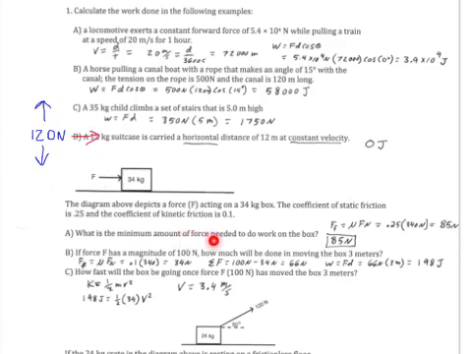If I want to find the minimum amount of force needed to do work on the box, I've got 340 newtons of weight, which means my normal force is 340 newtons. 340 times my coefficient of static friction, 0.25, gives me 85 newtons. So 85 newtons is the minimum amount of force I have to apply to set this object in motion. But the moment it goes into motion, I don't care about this anymore.